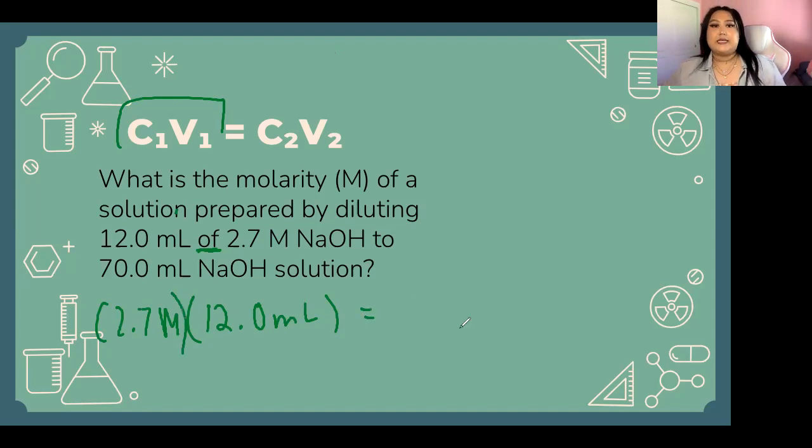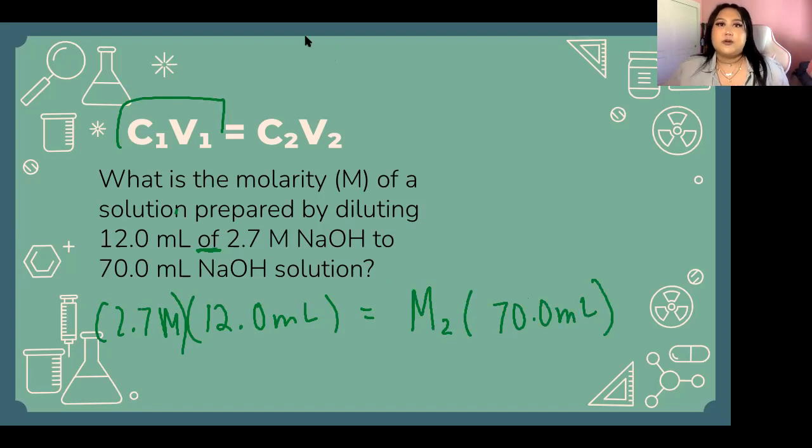Okay, and then we're trying to find this molarity, and this is given to us. Okay, so what do we end up with? What is the molarity of the final, or of the diluted solution?